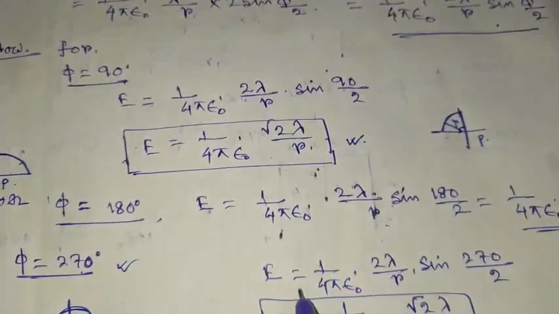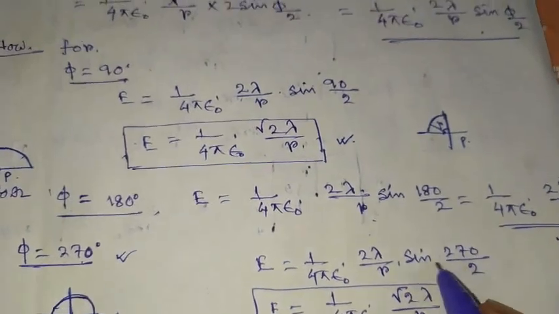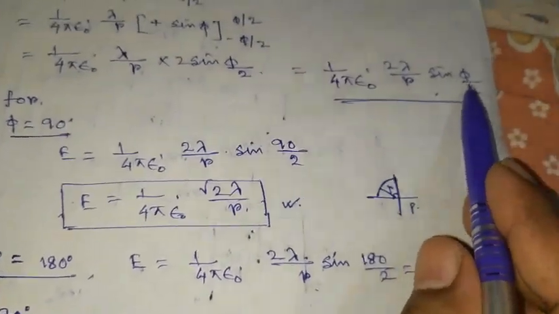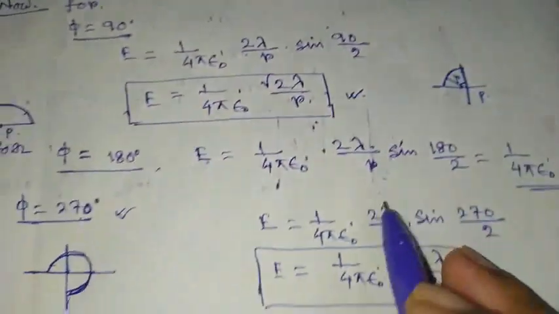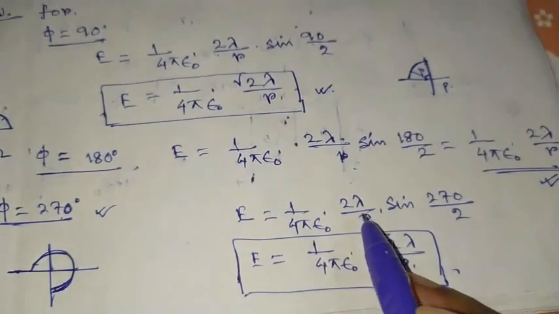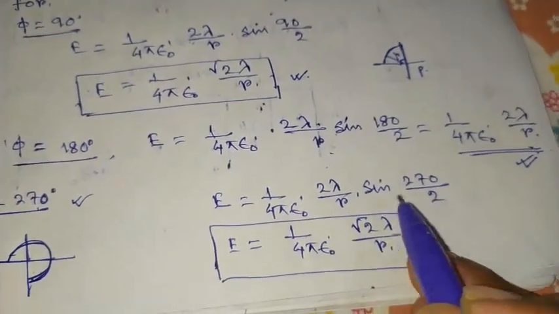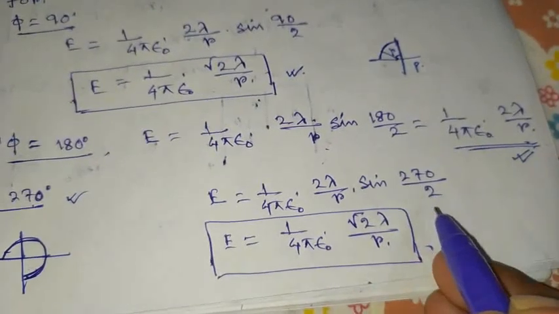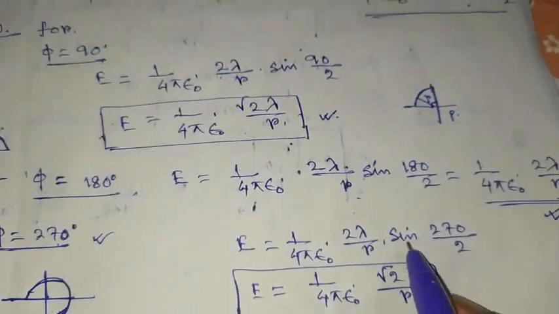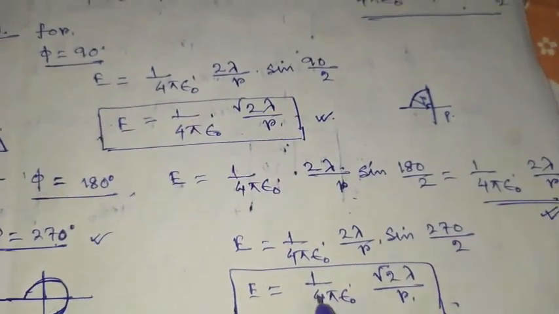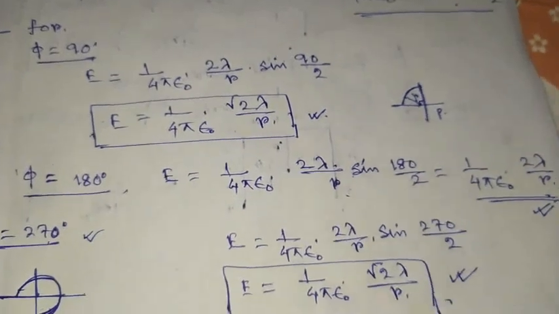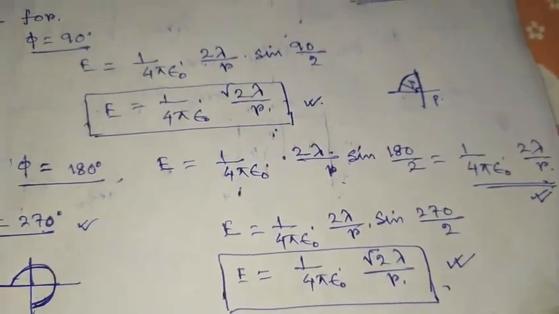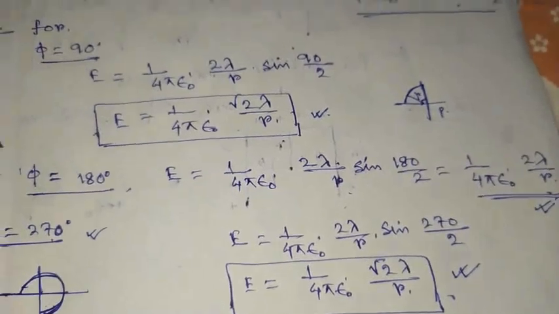So applying this relation with phi equals to 270, E equals 2 lambda by r sin 270 by 2, and 270 by 2 is 135, and if you put the sin 135 value, we find that relation.